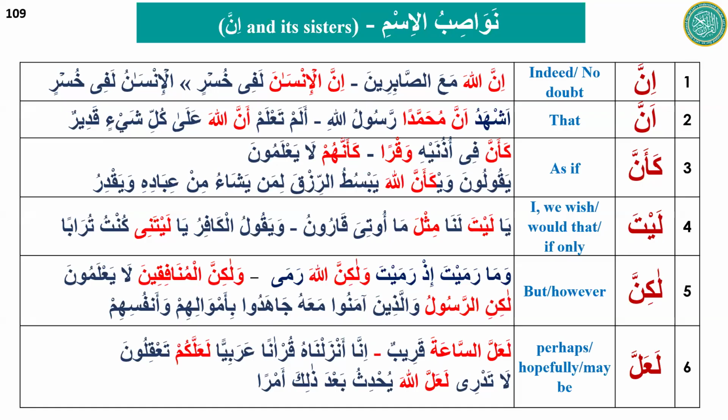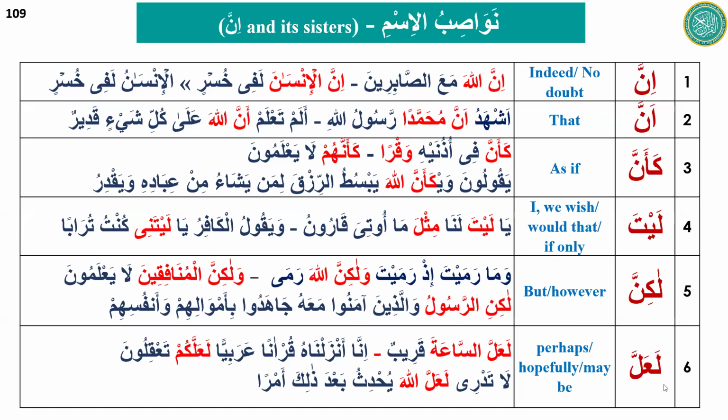Did you get it? Yes. I added this example so don't get deceived by this. Lakinna will make the ism mansub, but lakin will not do that. It doesn't have that capability because it is not one of inna's sisters, right?